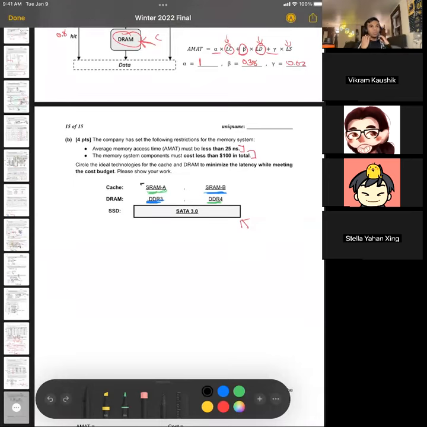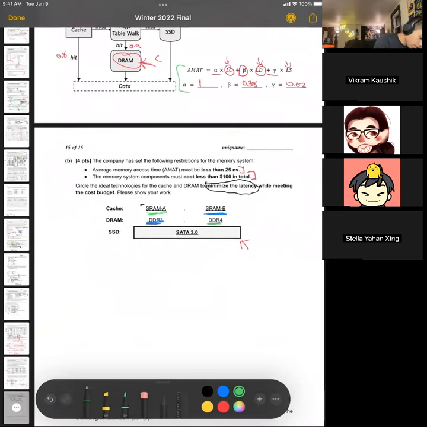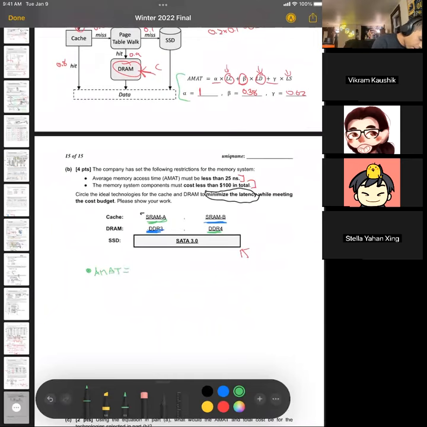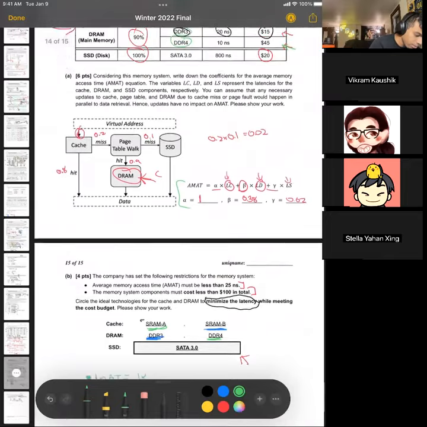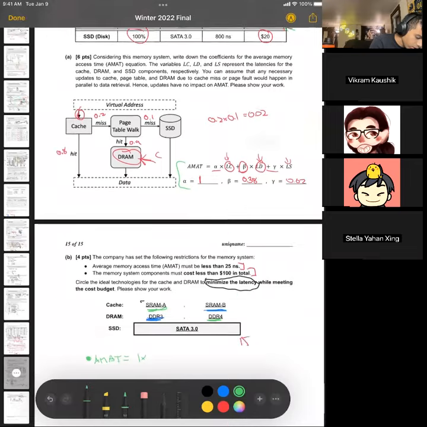So we really only have two configurations that we want to consider, and we want to determine which one minimizes the latency. Basically we're just going to plug stuff into what we determined here. If we do AMAT for green, which is the configuration with SRAM A and DDR4, our AMAT is alpha, which is 1, times the latency from the cache, which for green is 2.